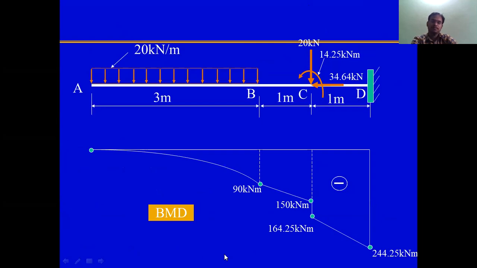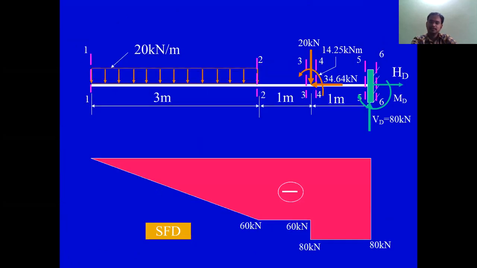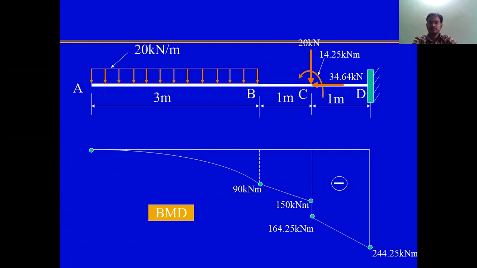So the bending moment is maximum at the support fixed end, 244.25 kilonewton meter. It is a parabolic curve, then lines.